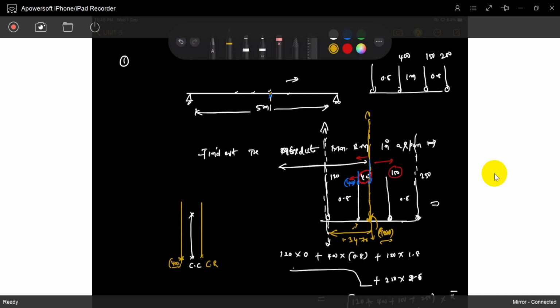You will arrange it so that CC exactly bisects these two points. So bisect means we need the exact distance between them.